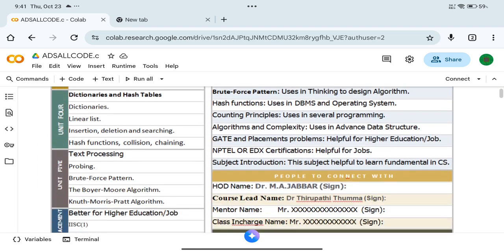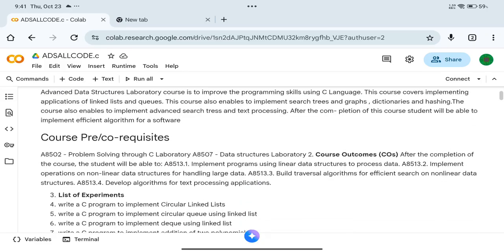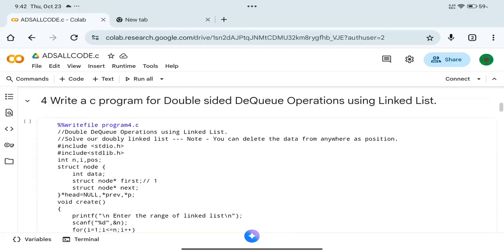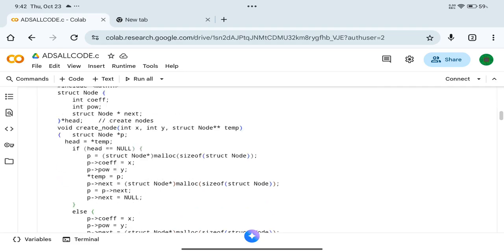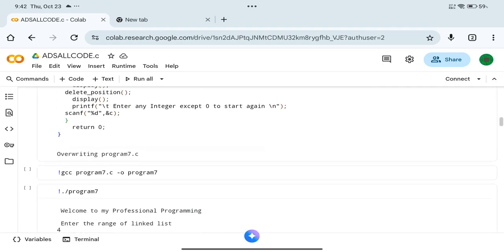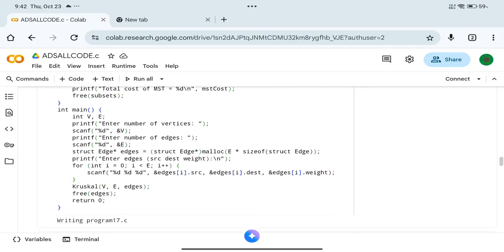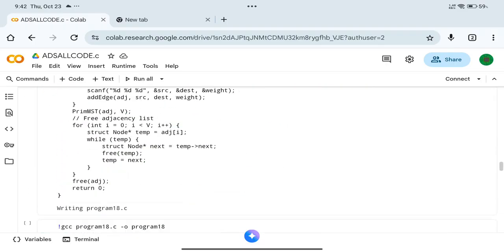Such type of lectures are not possible elsewhere. There are many problems. All questions based on C programming and other programming we discussed. Step by step also we solved.